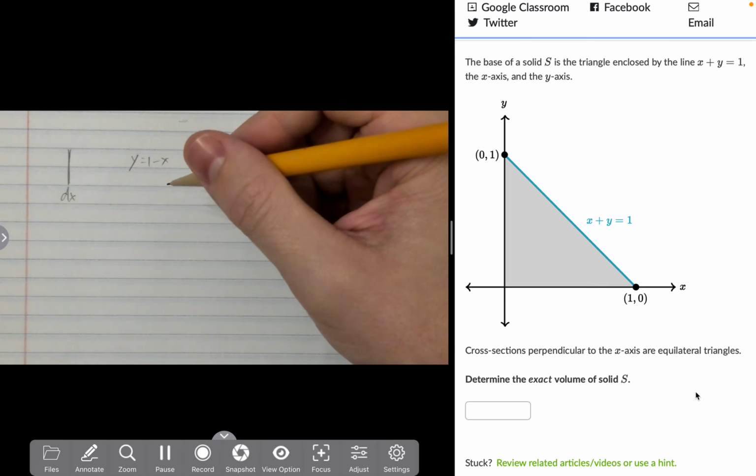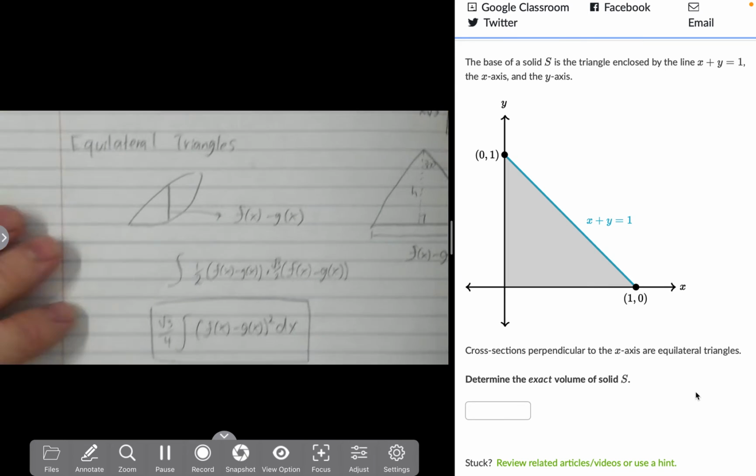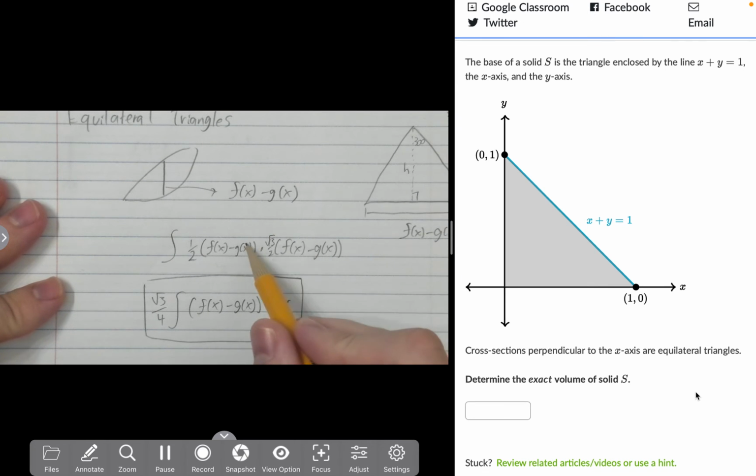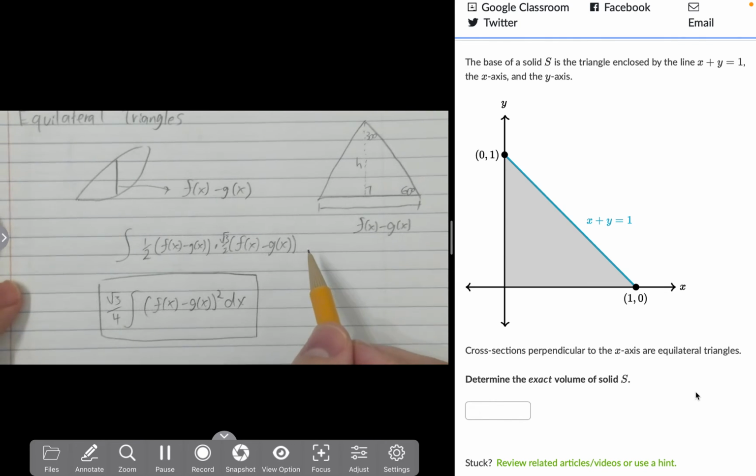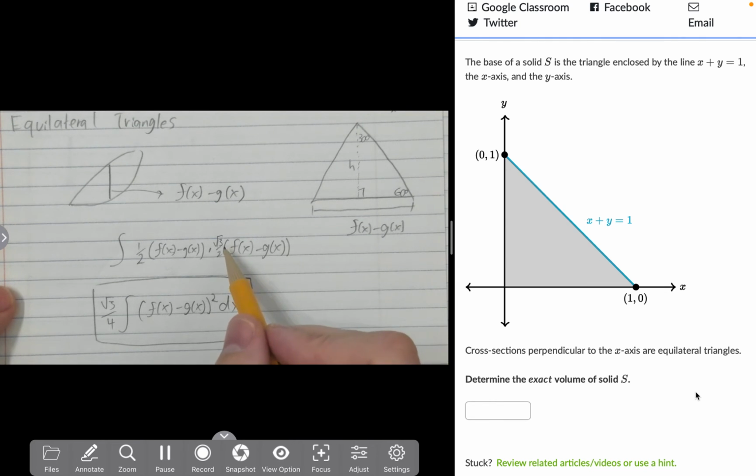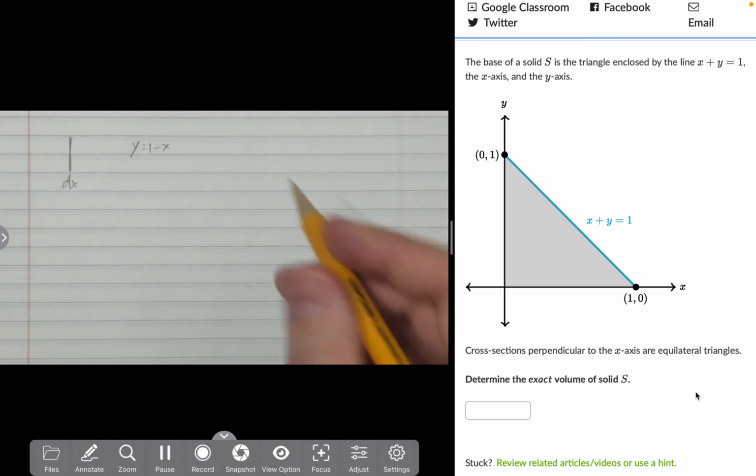And let's just look at that equilateral triangle formula again. That equilateral triangle formula is 1/2 base times height. And again, for reasons we found out before, that height is going to be square root 3 over 2 multiplied to whatever that base distance is. So let's see here.